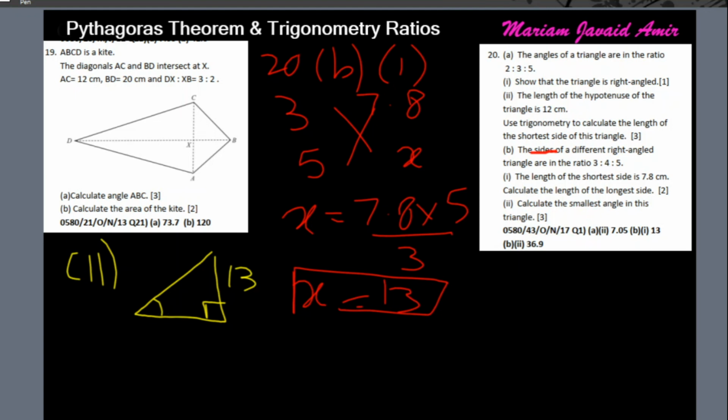We've found that the length of the longest side is 13 in part 1, and we also know the length of the shortest side is 7.8. Calculate the smallest angle. The smallest angle is always opposite to the smallest side.